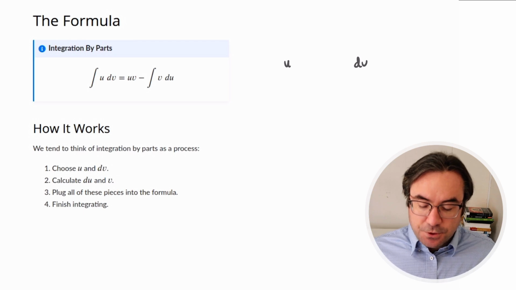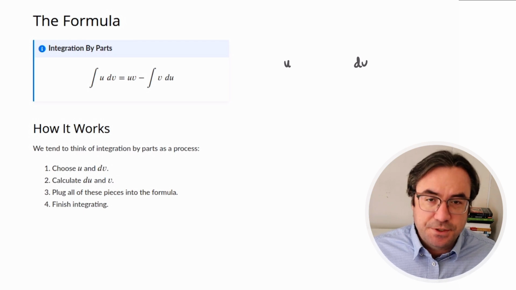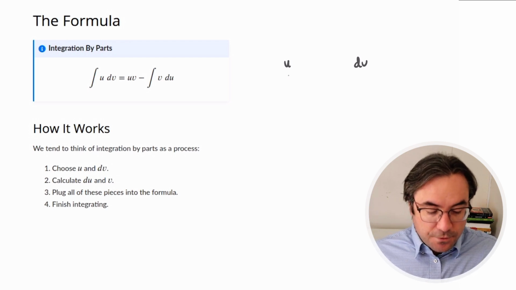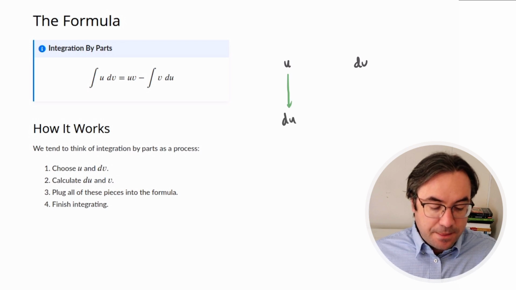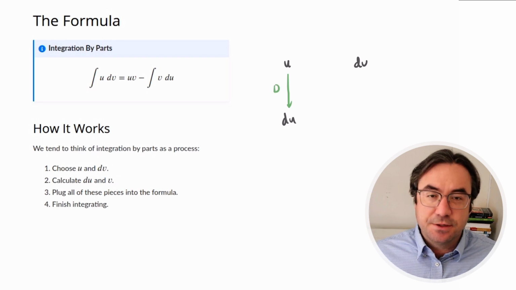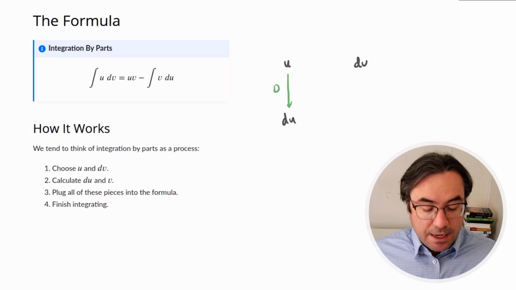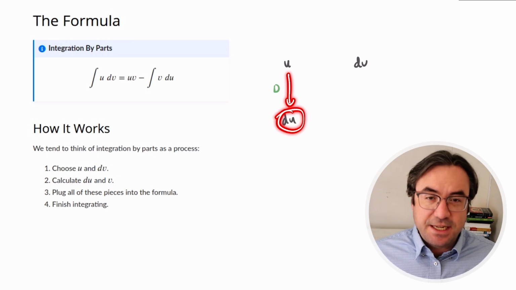All right, so once we have those two things chosen, then for u, we're going to calculate du. And we do that by differentiation. So we're going to take whatever formula we chose for u, and we're going to differentiate it to get du.